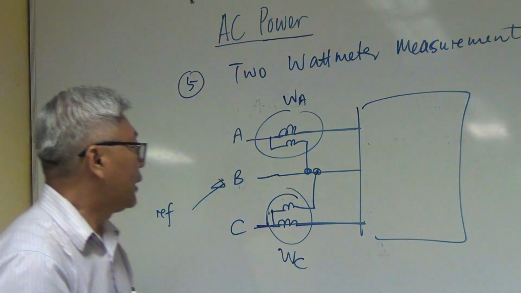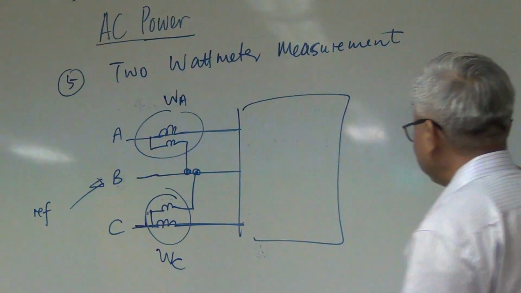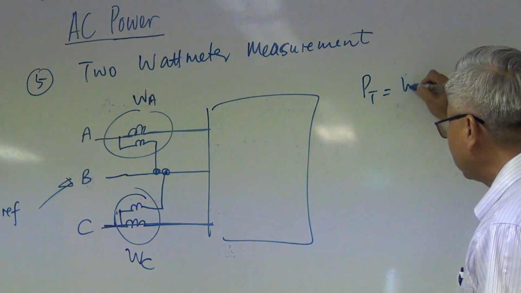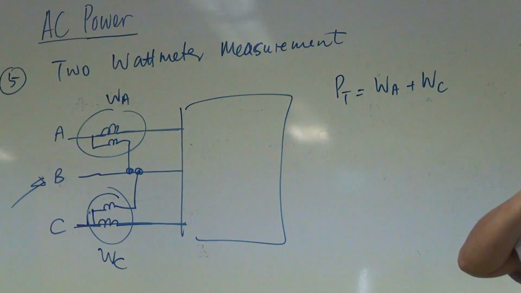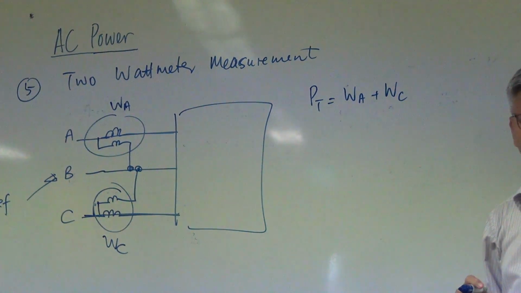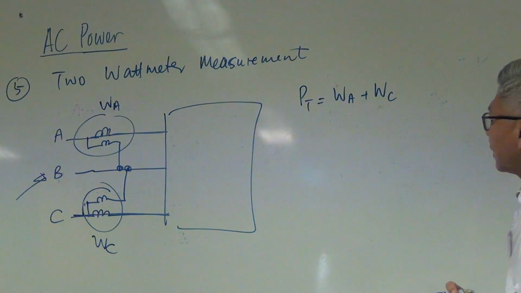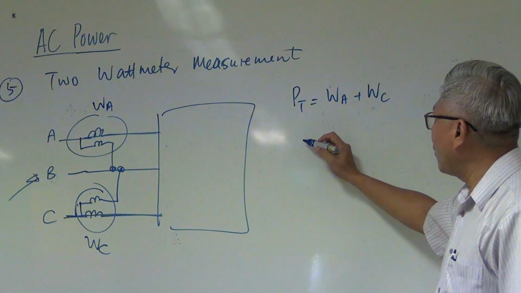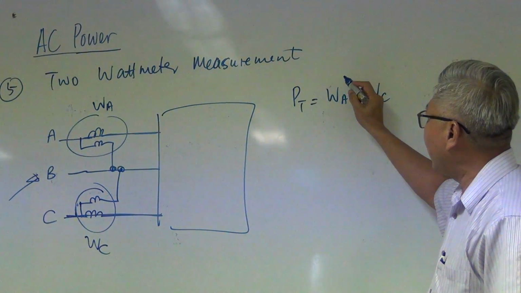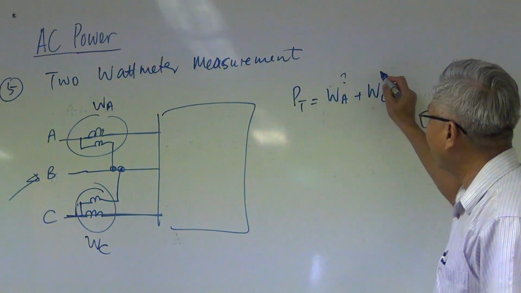Now, with this 2 wattmeters method, the total true power is equal to WA plus WC. So, the job now is for us to find what WA is and what WC is.